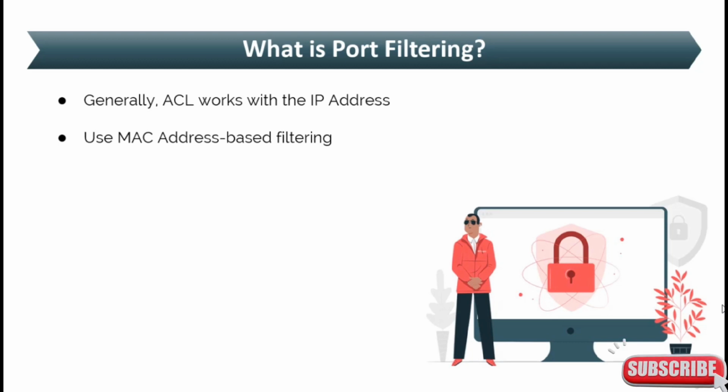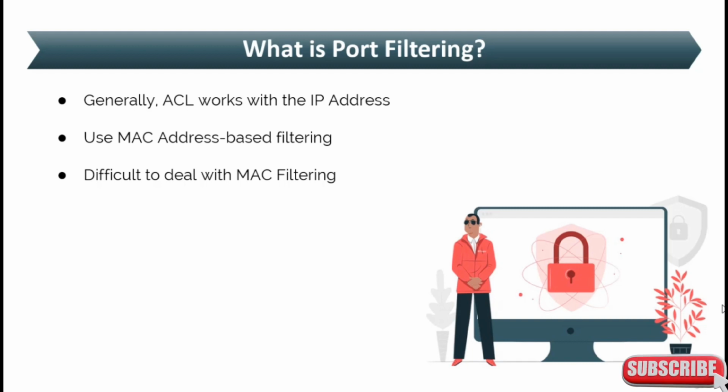Now, if your network is running on a protocol other than the transmission control protocol or the internet protocol, that is TCP/IP, we can filter the traffic based on media access control, that is the MAC address or the hardware address. We have seen the hardware address in our networking sections.